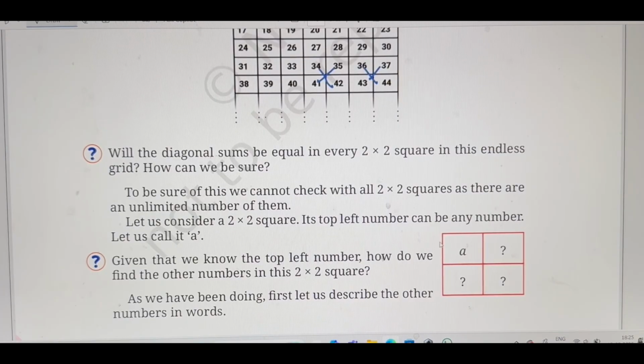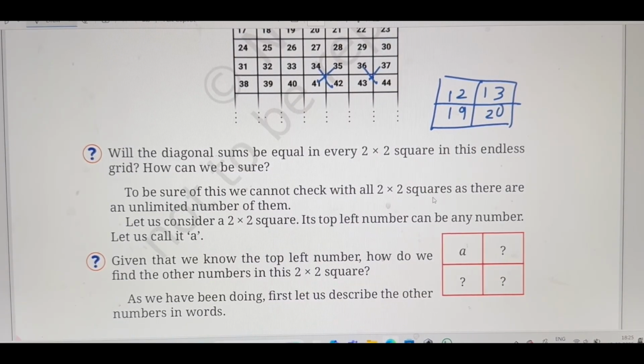Now look at the numbers we just considered: 12, 13, 19, 20. If instead of 12 we write A, what is the next number? It is 1 more than that. This number is 7 more than that. This number is 8 more than that.